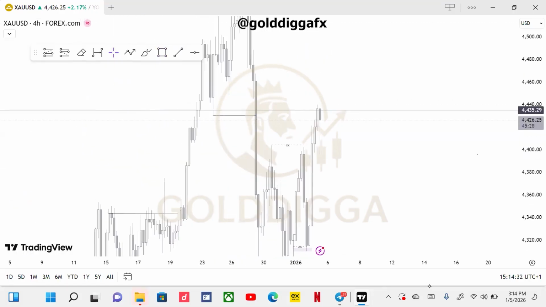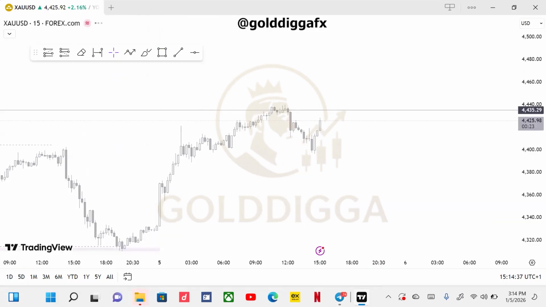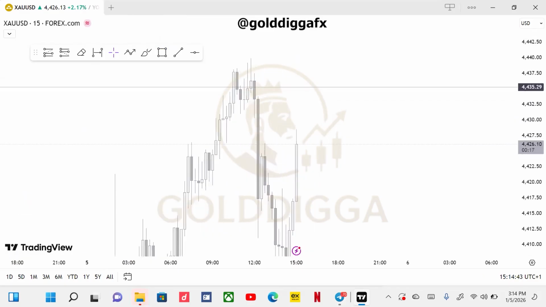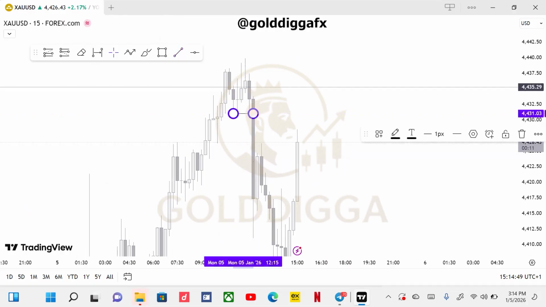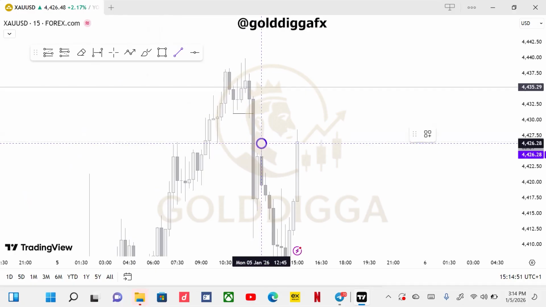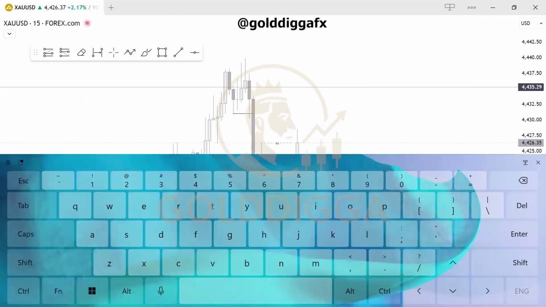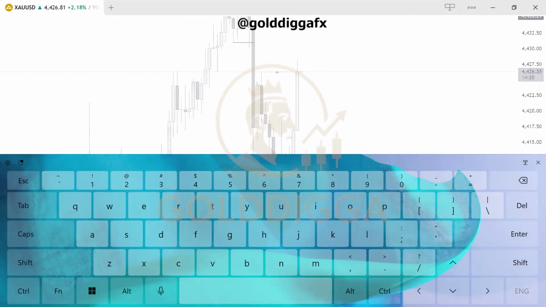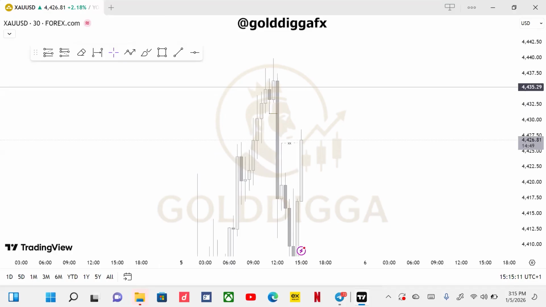Even like me, what I can see on gold right now, I think we might be having a sell on gold right now, but I don't want to get into a trade again. I'm just looking at it because if you watch properly, you can see we had this and then this liquidity. So you just find your entry, just find your entry.